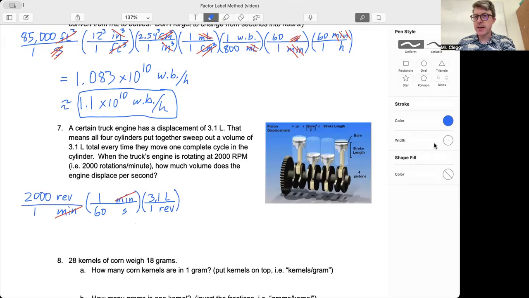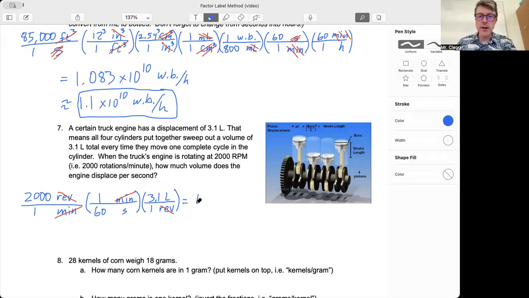By the way, this whole thing might make more sense when we get into our chapter on energy and power and stuff like that. So revolutions. Now all we have to do is multiply that out. So we can take our 2000, here we go. We can divide by 60 and multiply by 3.1.